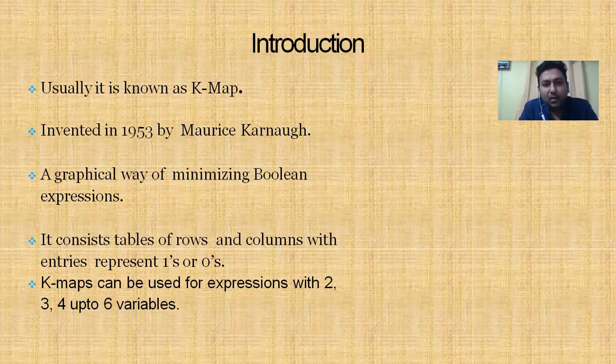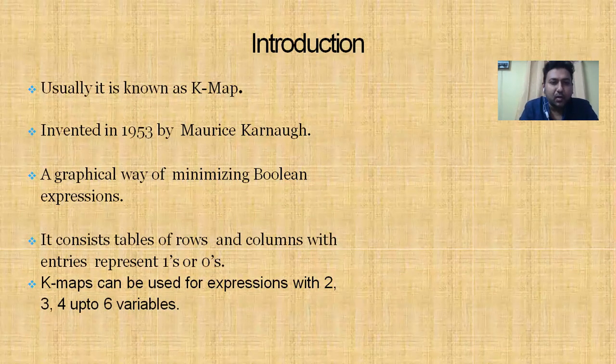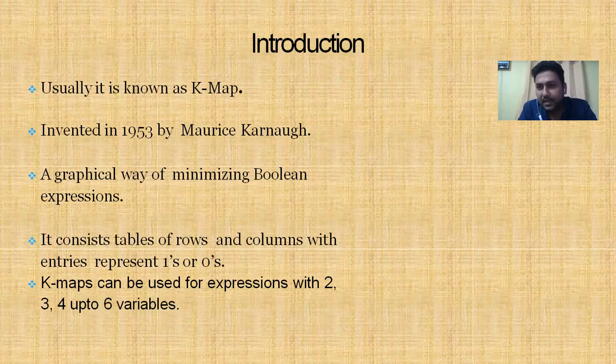But Karnaugh map is a simple mapping method through which we can minimize a bigger logical expression to a simplified form. It consists of tables of rows and columns with entries 0 and 1. That means the cells of the table only contain 0 and 1.